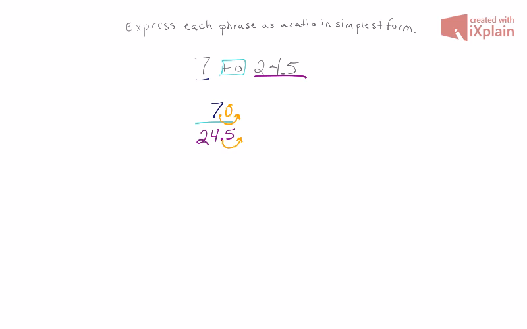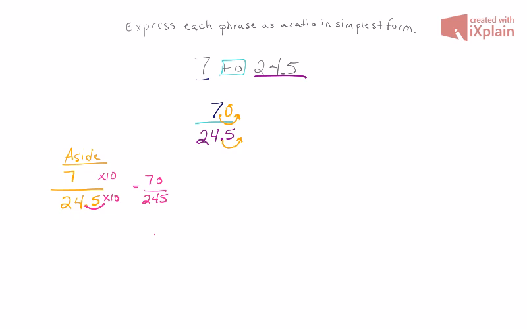The reason being is, if we do an aside, the full explanation of this is, if you were to multiply the top and the bottom of this fraction by 10, this gives us 70, and when you do 24.5 times 10, that moves the decimal.